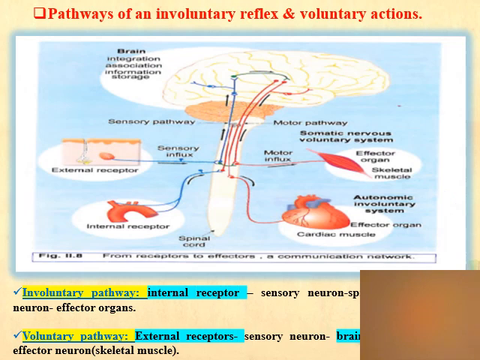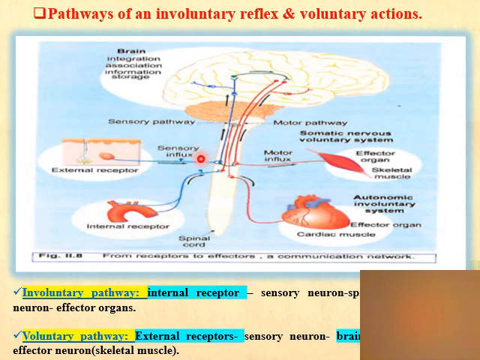Here is the pathway of the involuntary and the voluntary action. During an involuntary action, you have to know that we have internal receptors, okay? We have receptors inside our body that ensure an automatic, or involuntary, action.